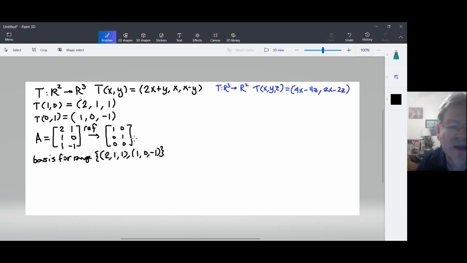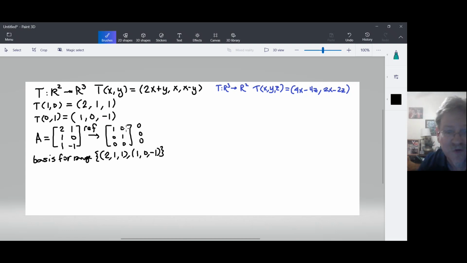If we go back to the row echelon form, here that's actually reduced row echelon form, we're basically trying to solve the equation AX equals 0. Putting zeros on the other side tells me that the first variable is 0 and the second variable is 0. X and Y both have to be 0 here.